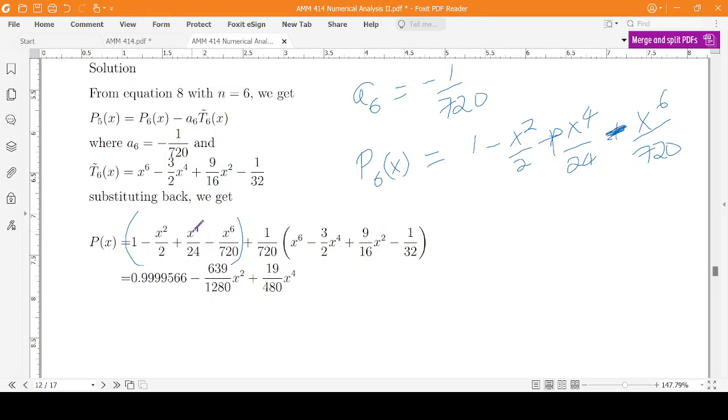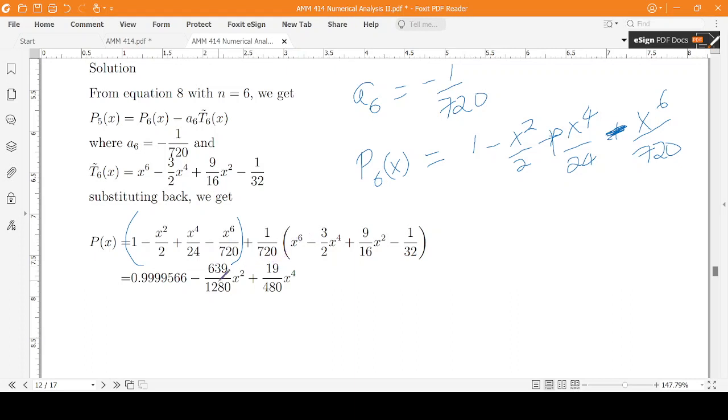Then we have x raised to power 4 over 24 plus 1 over 720 times minus 3 over 2 x raised to power 4. That should give us 19 over 480 x raised to power 4. Then we have minus x power 6 over 720 plus 1 over 720 times x raised to power 6. That will give us 0.